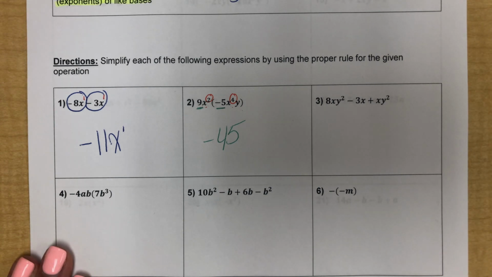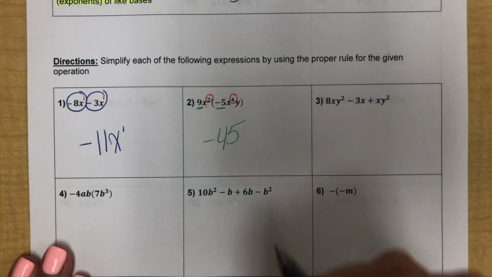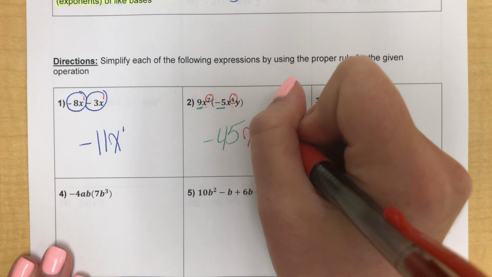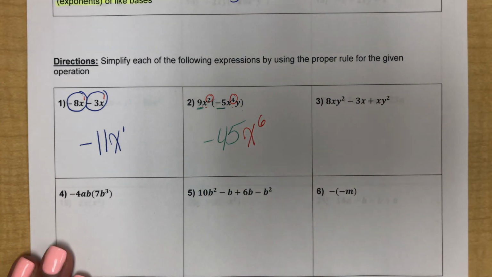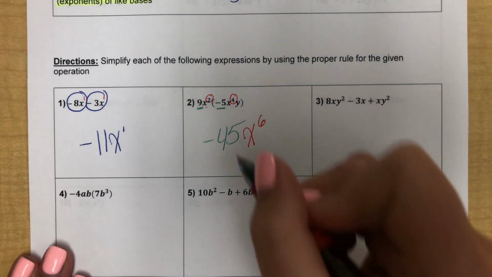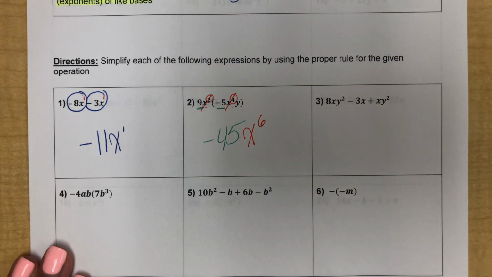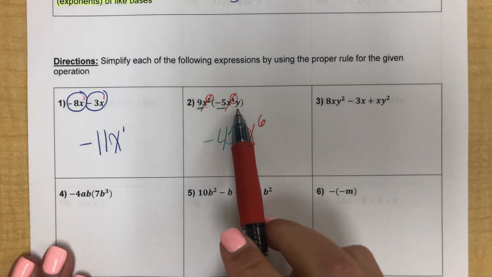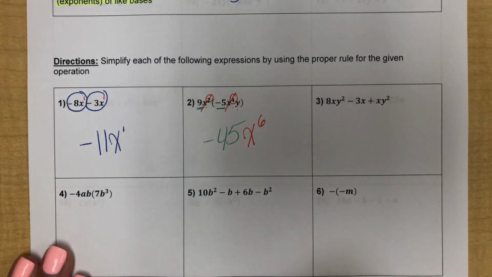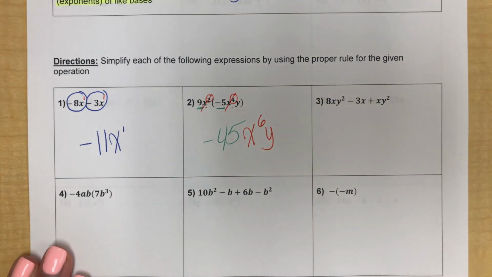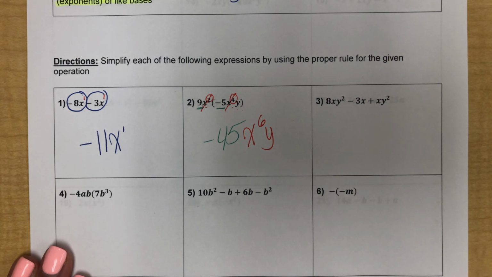So when I multiply x squared and x to the 4th, it becomes x to the 6th power. And now that I've multiplied them, I can just cross them out because I'm done with them. I don't have to use them again. The only variable that's left is y, so I just bring that down in my answer since it doesn't multiply with anything else.